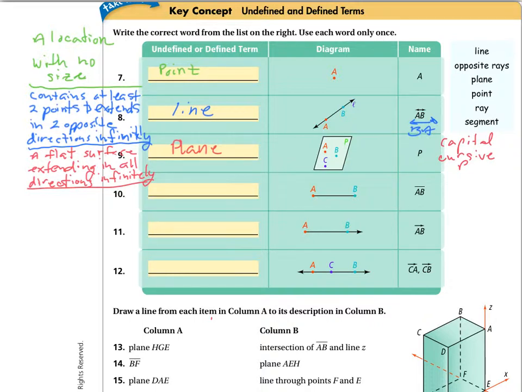The other way that you can name a plane is with 3 points that are not on the same line.